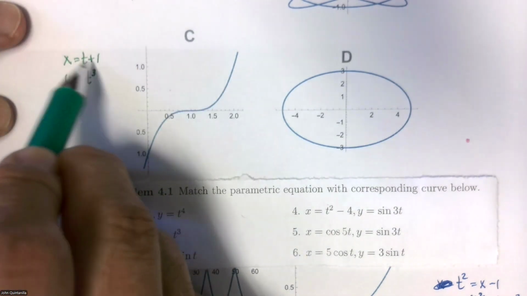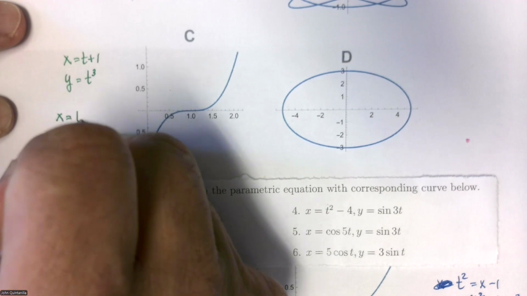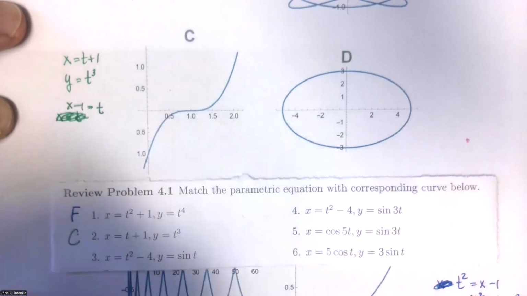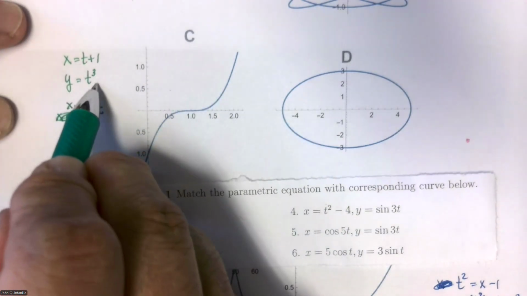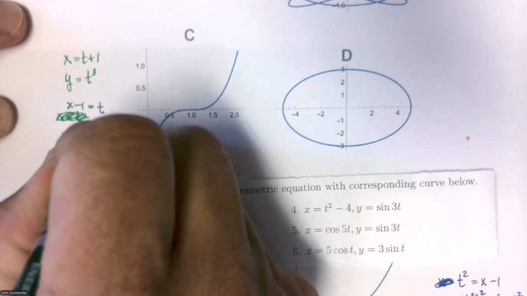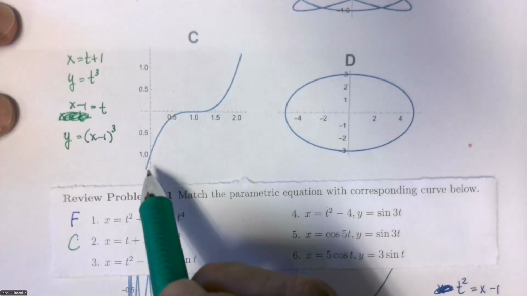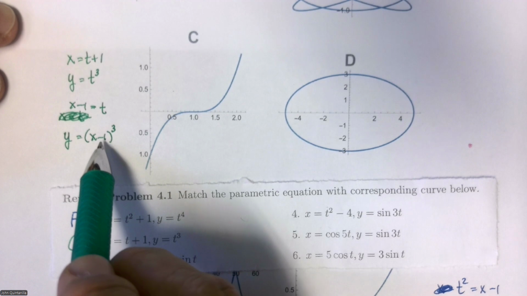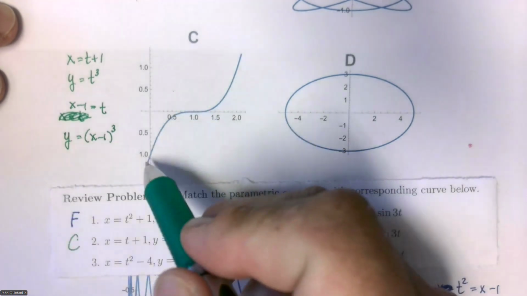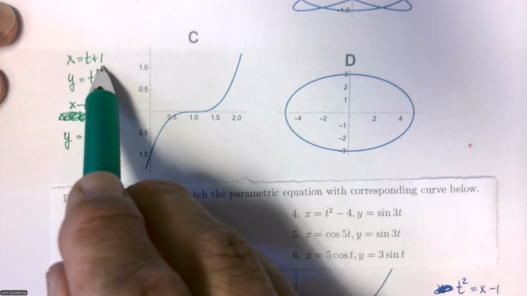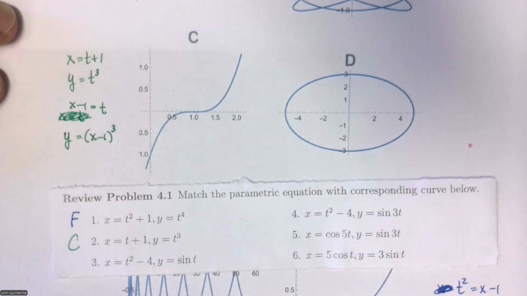If I again solve, from the top equation I see t is equal to x minus 1, and therefore plugging into the second equation, that gives me y is equal to x minus 1 quantity cubed. And so this looks like the graph of x cubed, except I have a horizontal shift of 1 to the right. So that's how I can identify this graph as the graph of x is equal to t plus 1 and y is equal to t to the third.